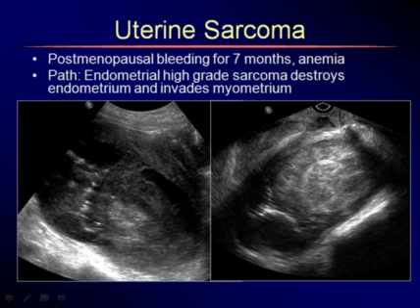This is in the differential, endometrial sarcoma. It can look very much like a leiomyosarcoma. This is an unusual situation. The tumor begins in the endometrium. And the pathology in this patient revealed a high-grade sarcoma originating in the endometrium, and it invaded completely through the wall of the myometrium.